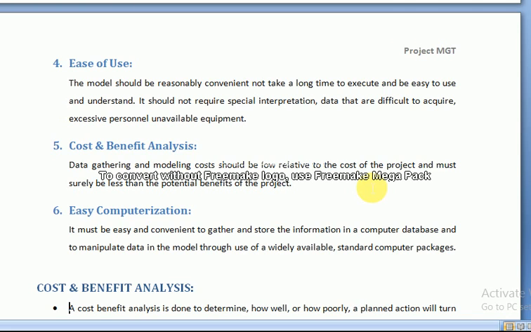So if benefits were more than the cost, such projects will be accepted, and if the benefits were not more than the cost, meaning cost was too much higher, the project manager will take the decision of rejection of this project.